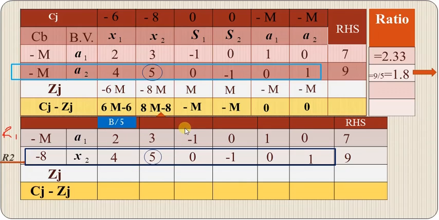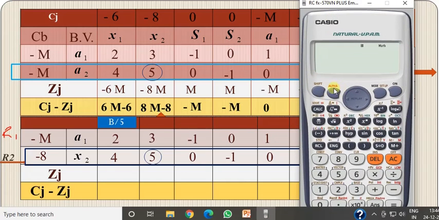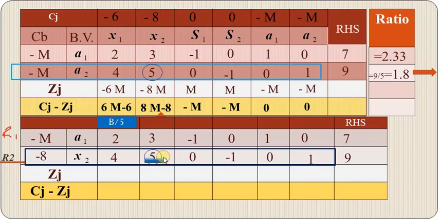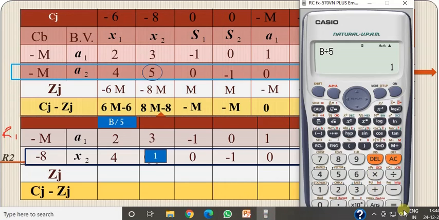The second row I can call it as b. I can say alpha b divided by 5. Calculate. So what is the value of b here? First of all, it is 1. So I can write here 1.